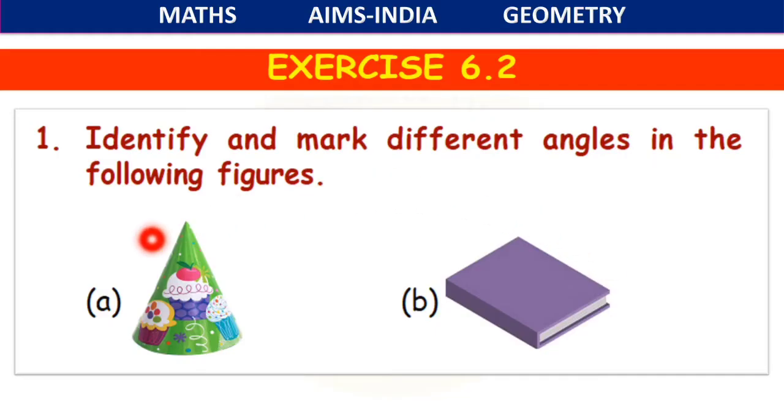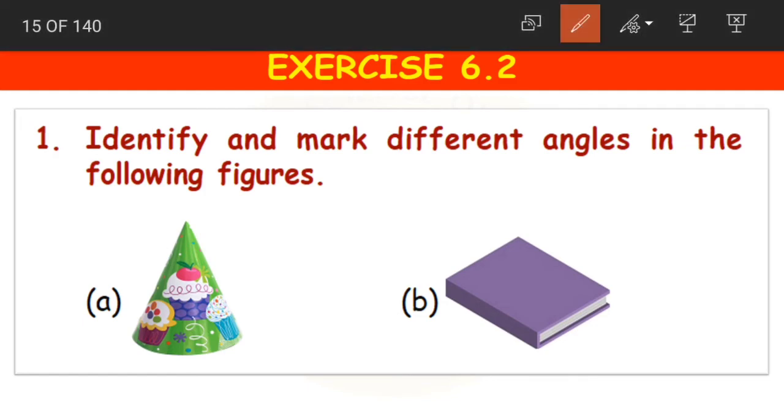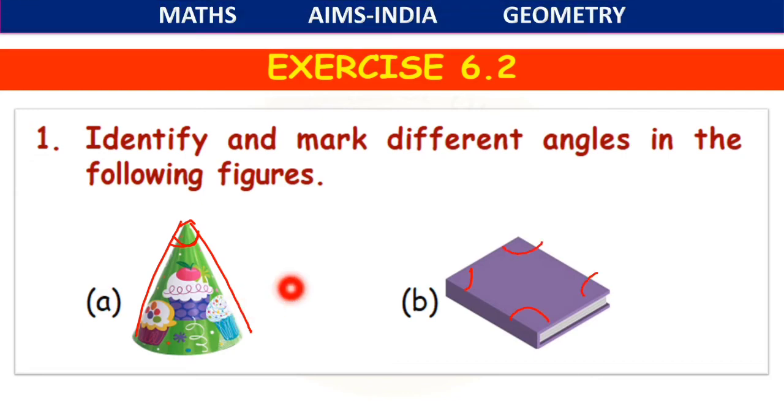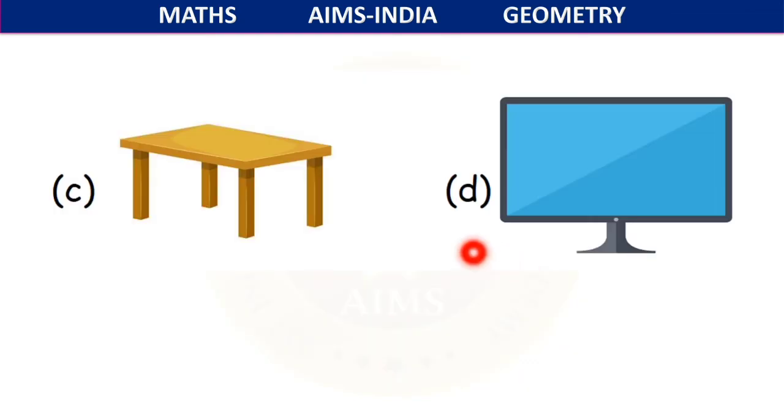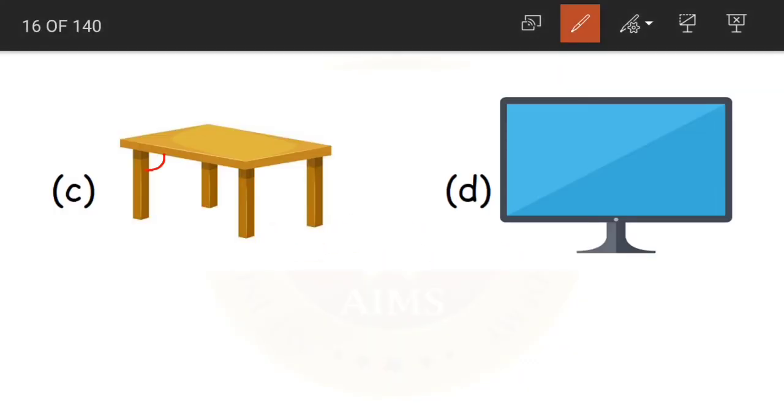Now exercise 6.2. Identify and mark the different angles. So what are the angles here, children? See, these two are joining here. So this will be our angle. Again here, here, here, here. These are our angles for our party hat, heart and book. Now for this table, we'll have an angle here, here, here and here, even here.